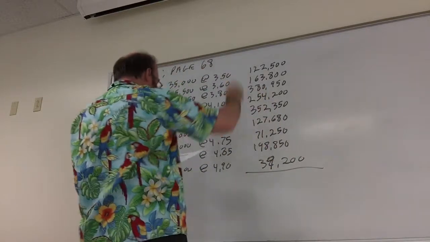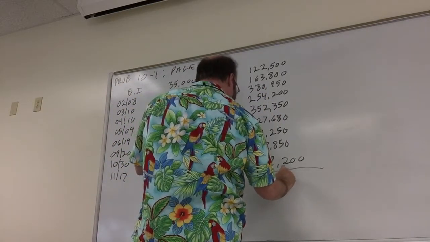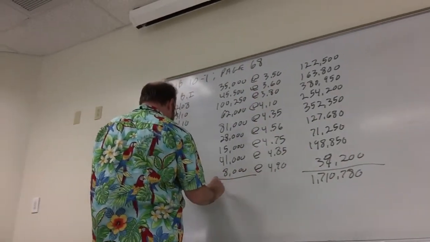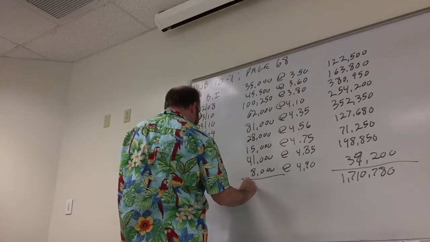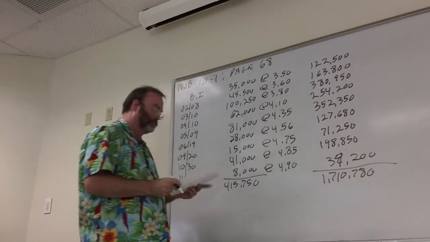Then add all those up, you get $1,710,780, making up 415,750 units.